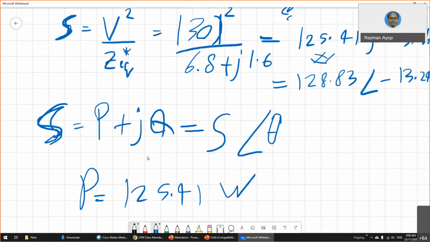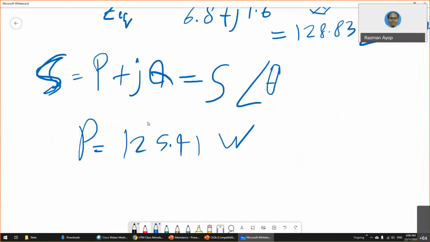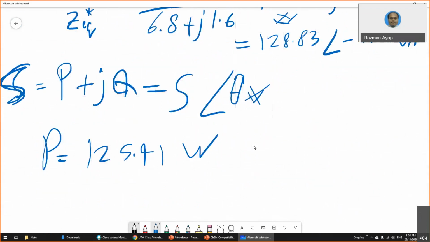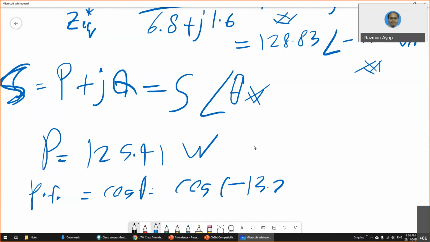Power factor you can get from the angle. Power factor, P.F., equals cos theta. So you take the value here, cos negative 13.24.